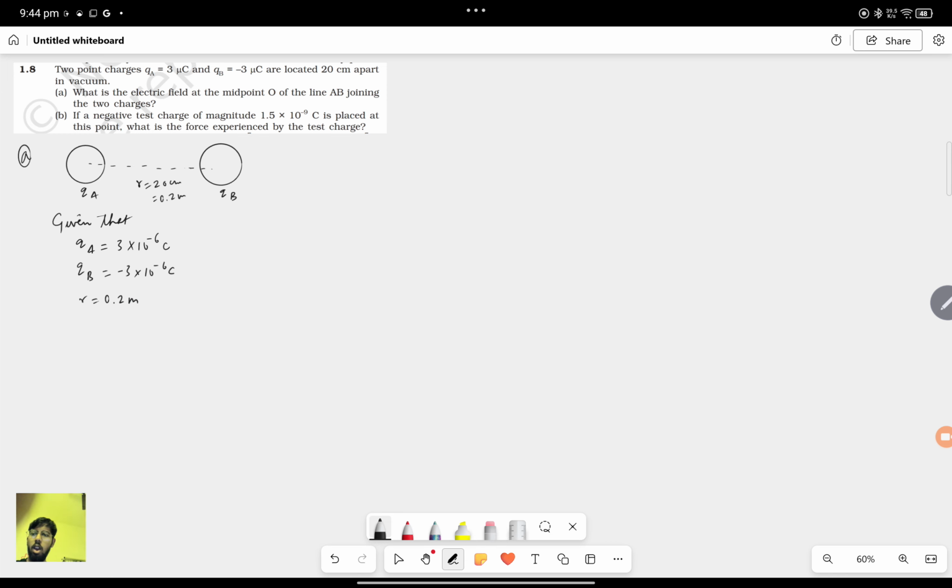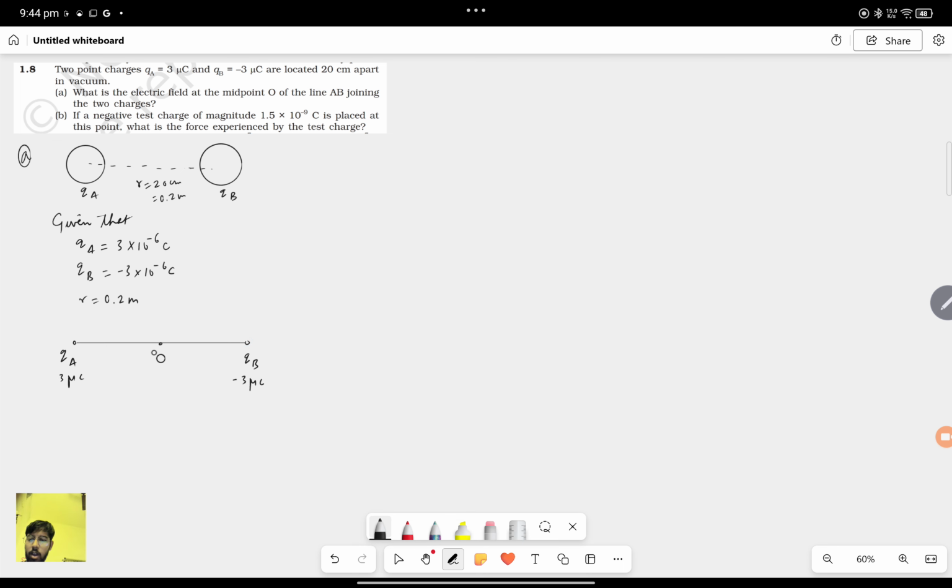Okay, now what is the electric field at the midpoint? So midpoint means, let's assume this is QA and this is QB, this is 3 microcoulomb and this is minus 3 microcoulomb, and this is the point O of which we are talking.